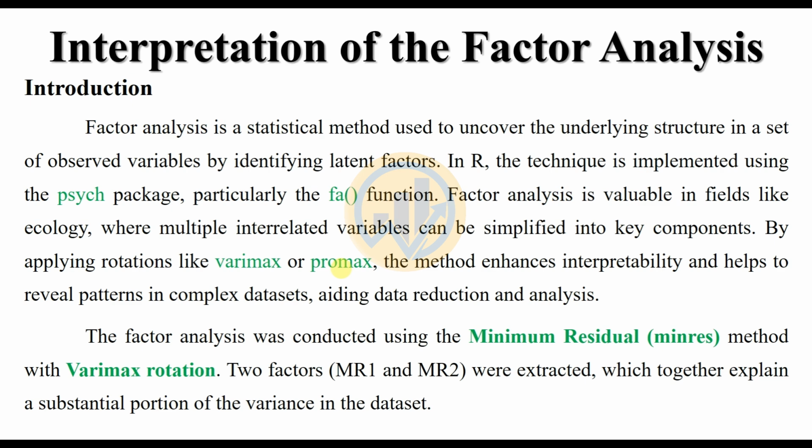So, continuing. The factor analysis was conducted using the minimum residual method with Varimax rotation. The two factors, MR1 and MR2, were extracted, which together explain a substantial portion of the variation in the dataset.